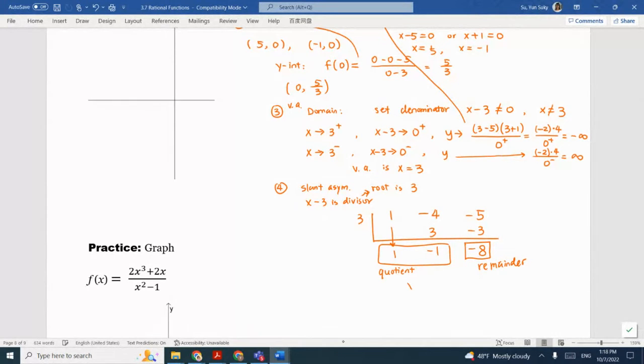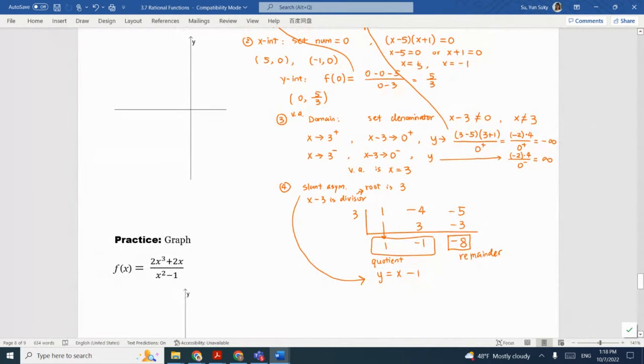The quotient is what? x minus 1. So the slant asymptote is y equals x minus 1.